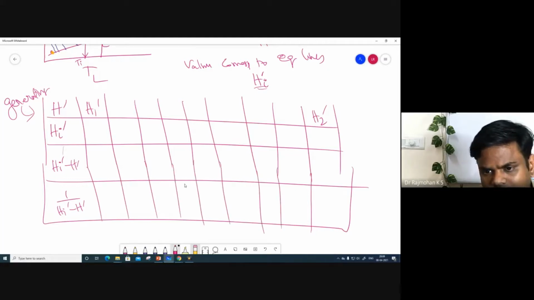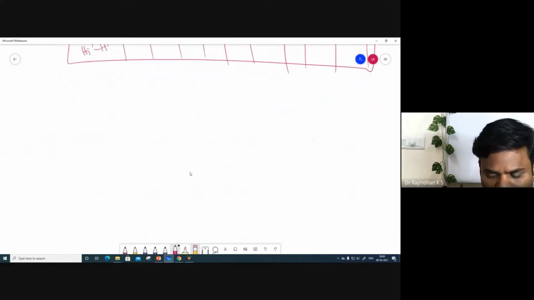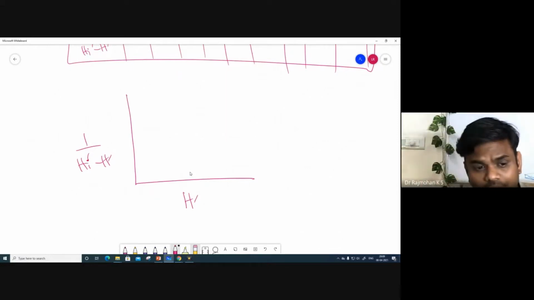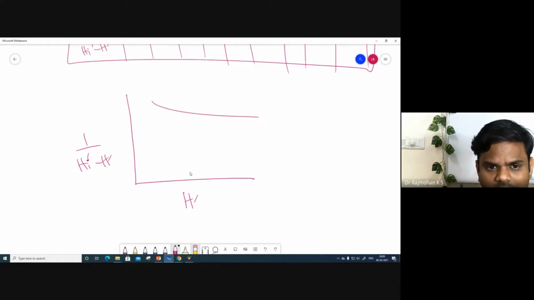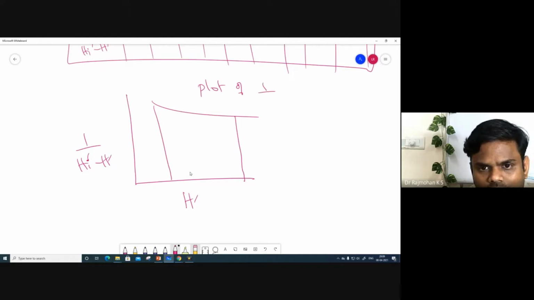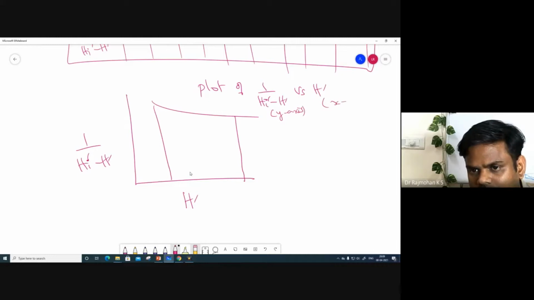We are generating data to plot a graph of 1 by HI dash minus H dash versus H dash, with 1 by HI dash minus H dash on the y axis and H dash on the x axis.